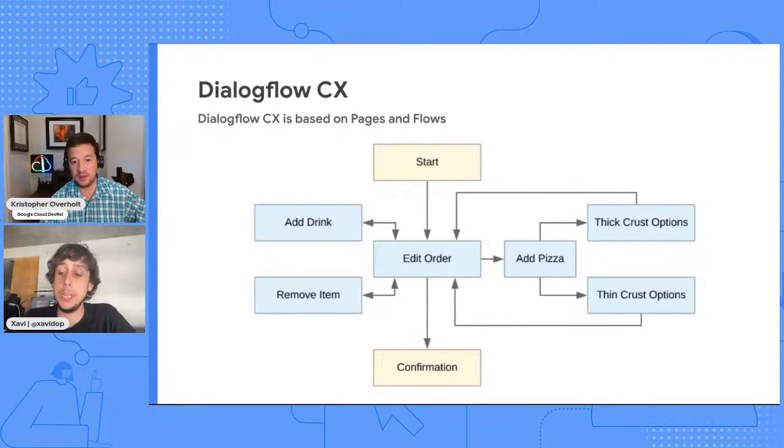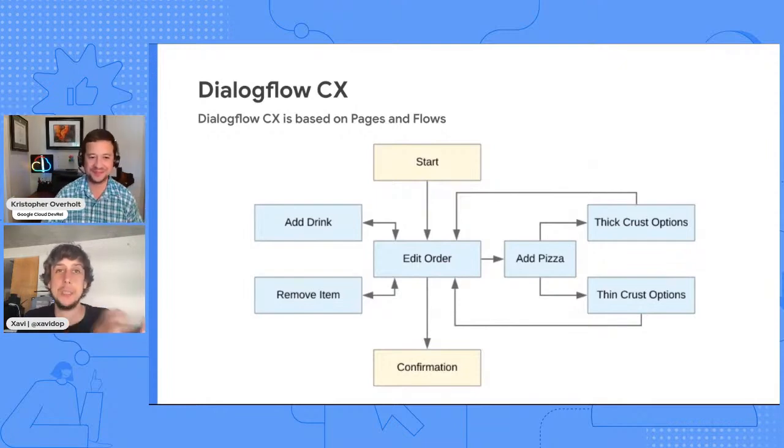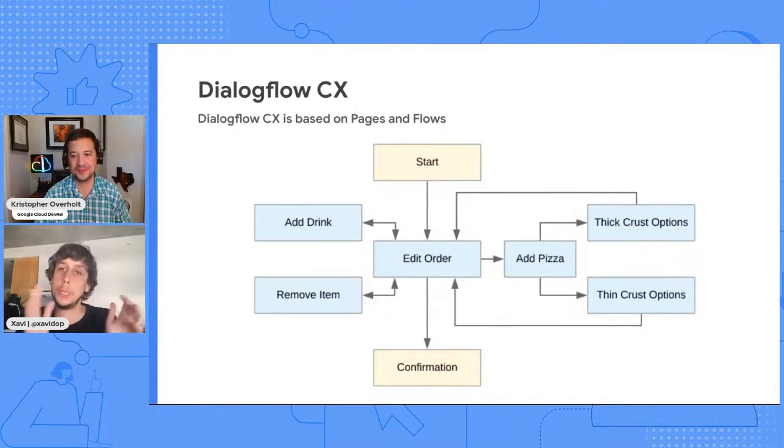Dialogflow CX supports multiple integrations and multiple channels. We will talk about it later on, and I will show you how you can integrate your agents or assistants. I prefer to call them assistants, though I know that the concept in Dialogflow CX is called agents. You can create the conversations for multiple channels.